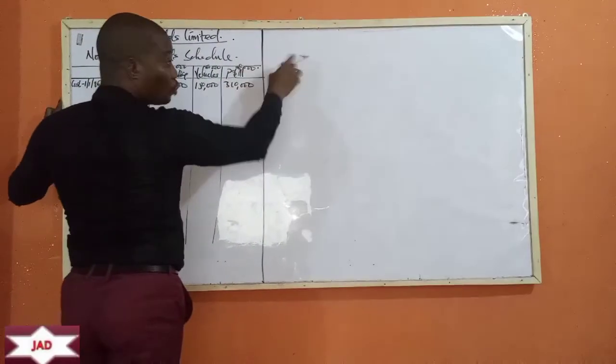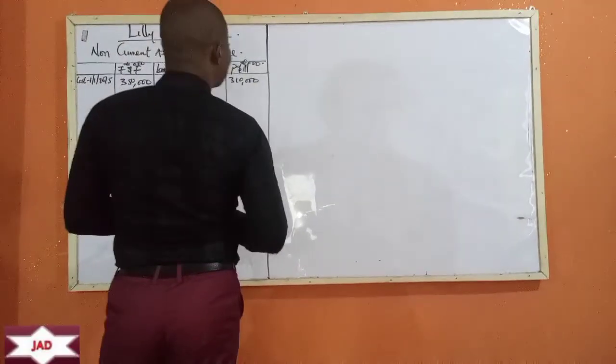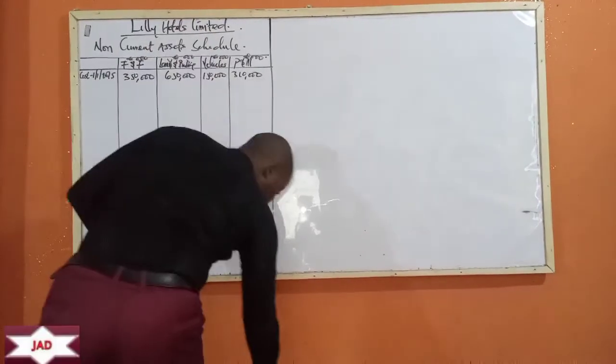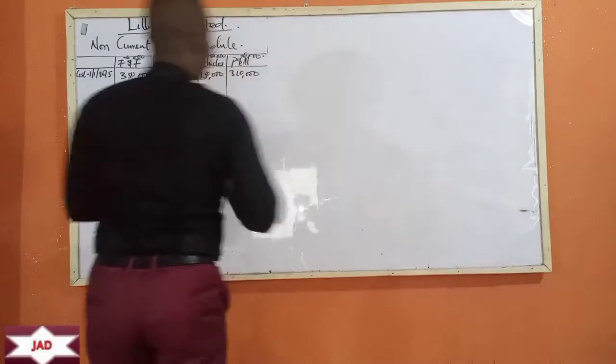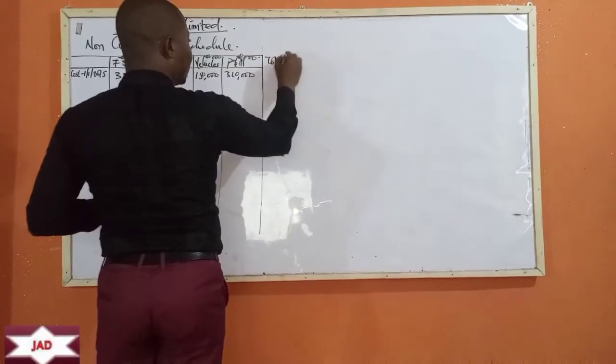You can even have a total column where you have everything there. So let's introduce the total column so that you understand what we are trying to do here. Let's call this total.